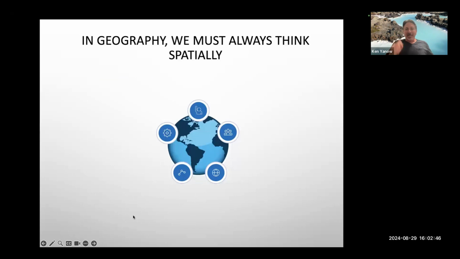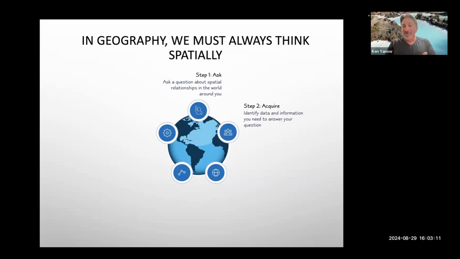Now, here's the caveat. That's the scientific method for all of science. In geography, though, we always have to think spatially because geo is geography. We've got to think spatially with this stuff. So step one, we ask a question about spatial relationships in the world around you. Step two, you have to acquire the data and information you need to answer your question.